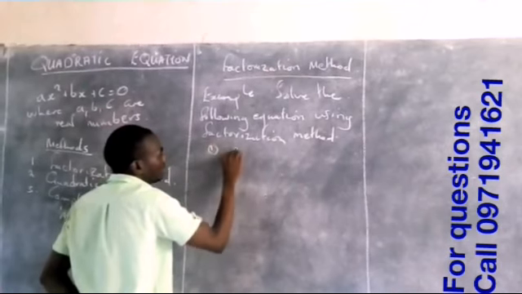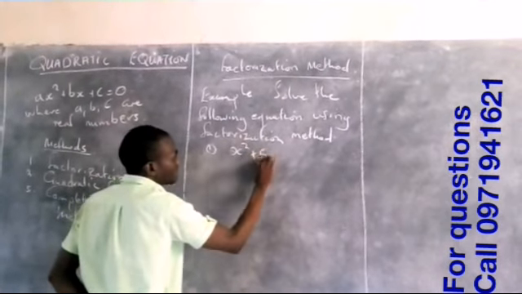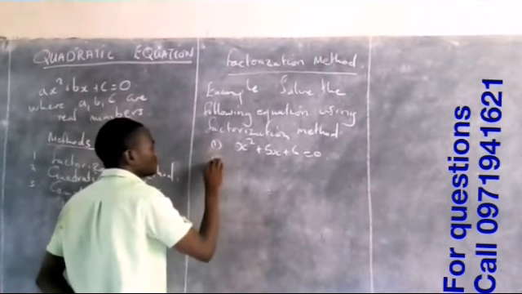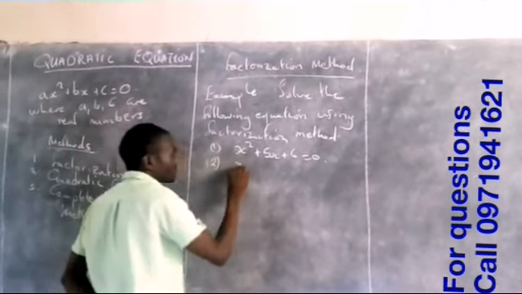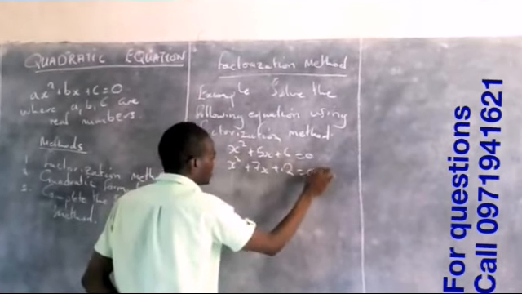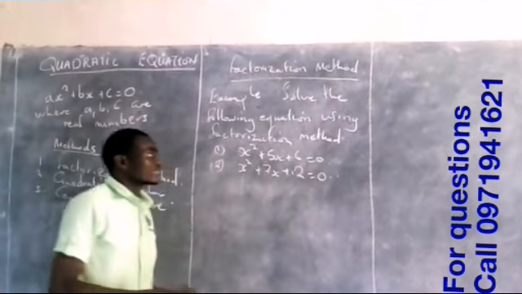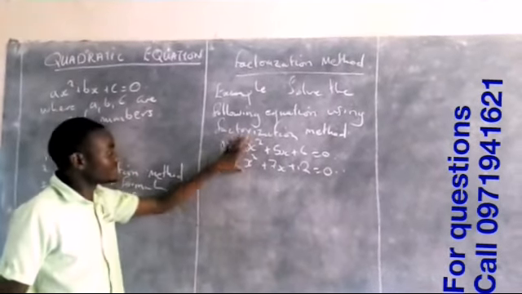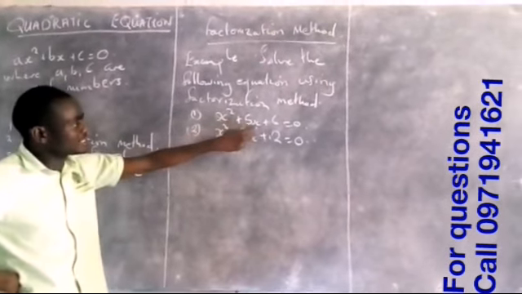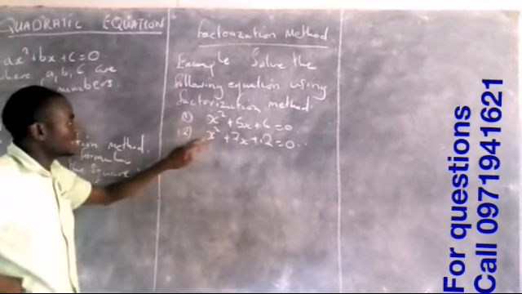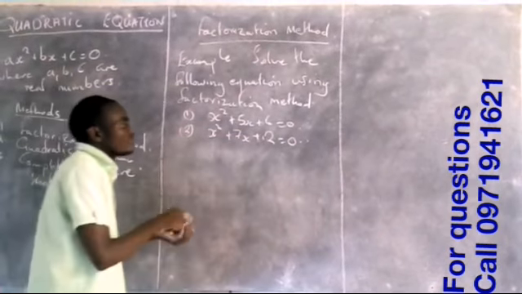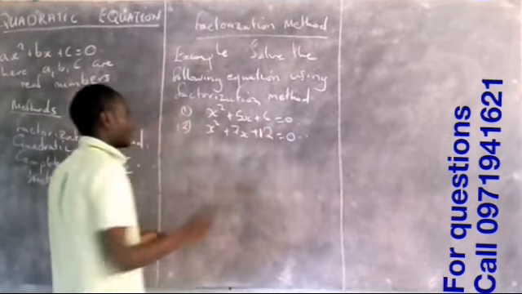Number one, x squared plus 5x plus 6 is equal to 0. Number two, x squared plus 7x plus 12 is equal to 0. These are the two examples I have given.